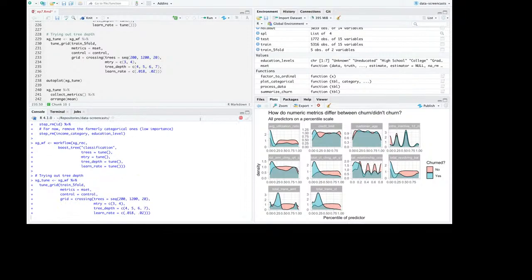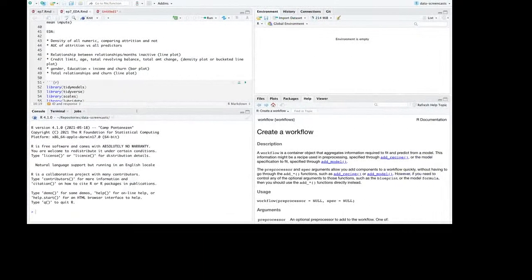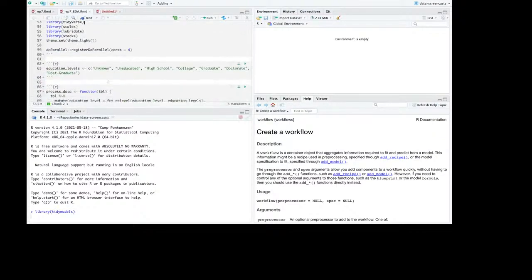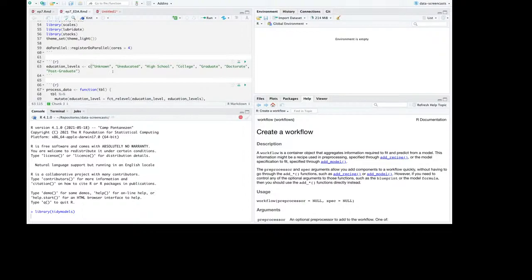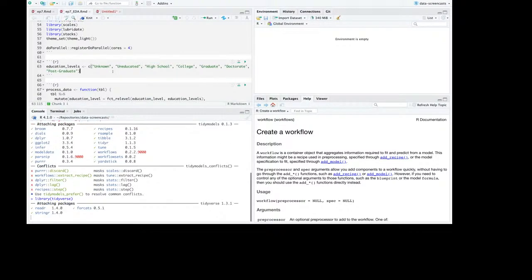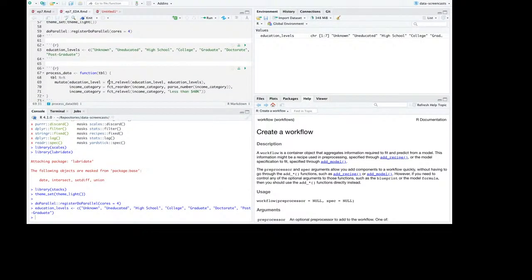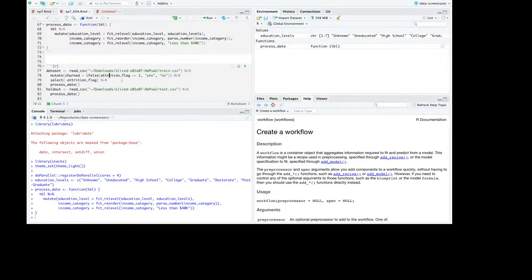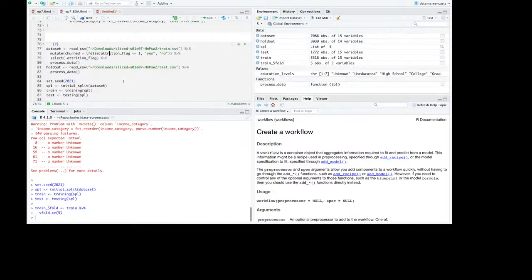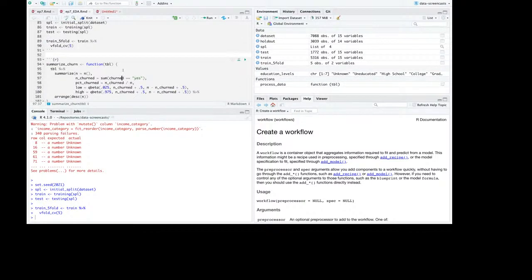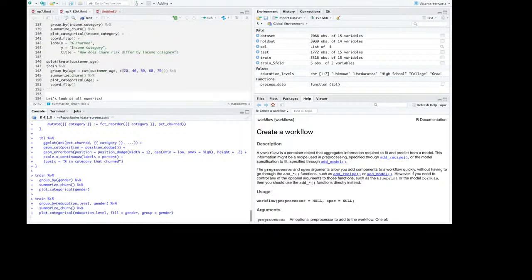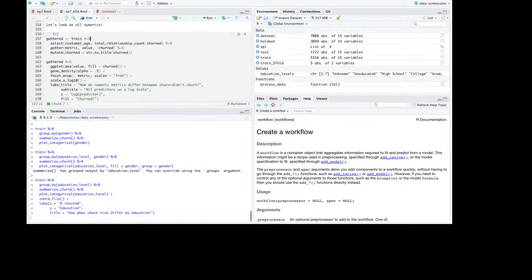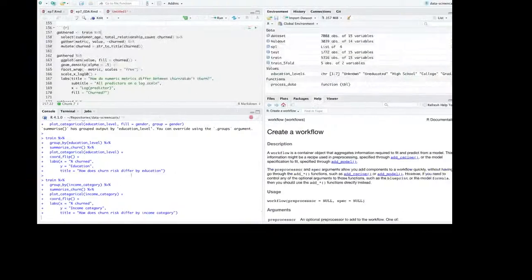I can try this on fivefold. Okay, and let's get back to my EDA code. Thanks for your patience if you stuck around. Train fivefold, do some churn. Still churn, yep.